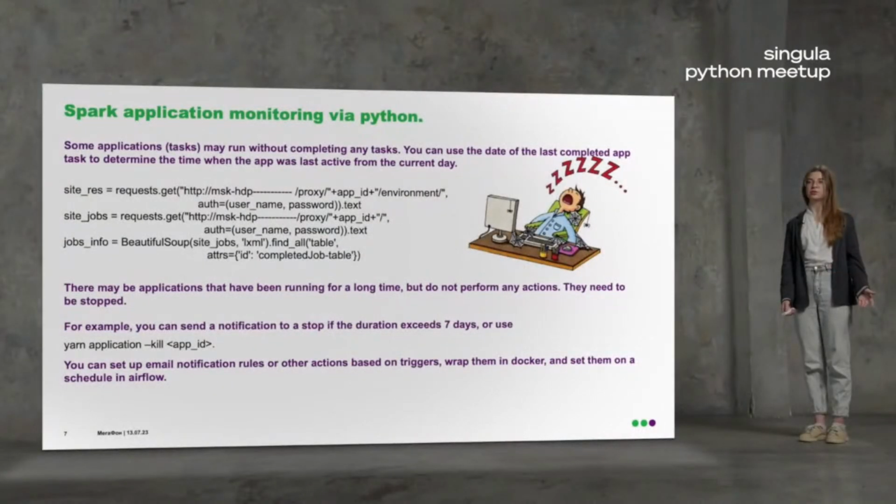Even if the app does not perform tasks for a long time, it continues to allocate resources that someone may need. Such an application must be stopped. For example, if you detect 7 days of inactivity, you can send a notification to the user or do yarn application kill. Such events can be wrapped in a Docker container and placed on a schedule in Airflow.